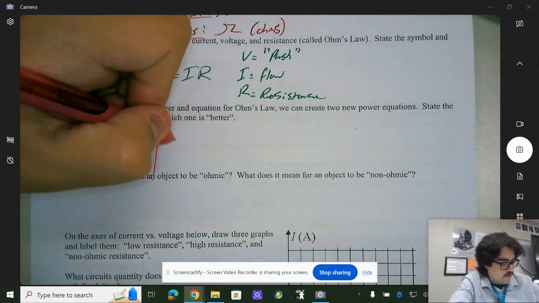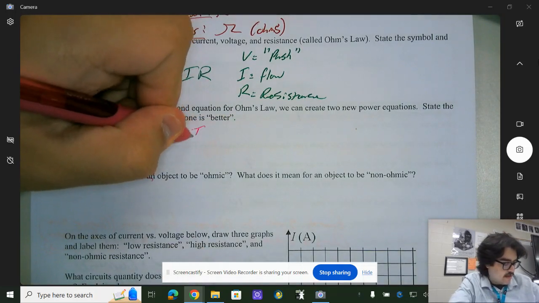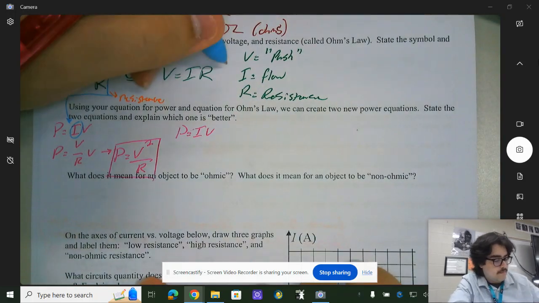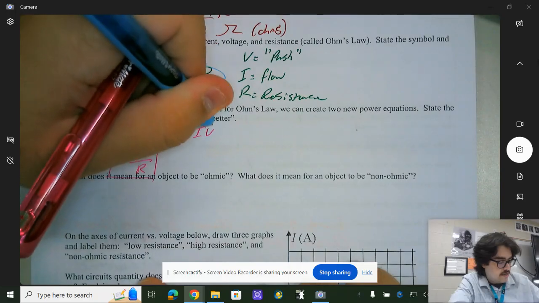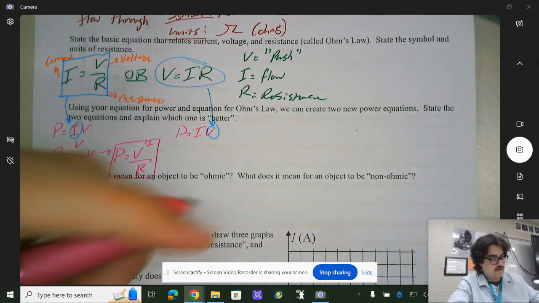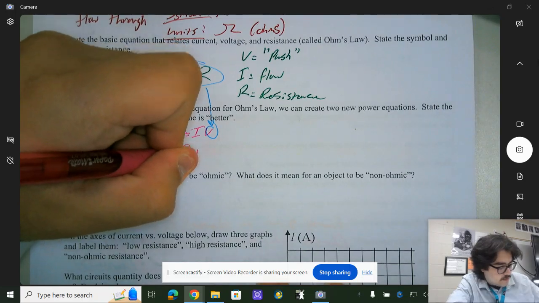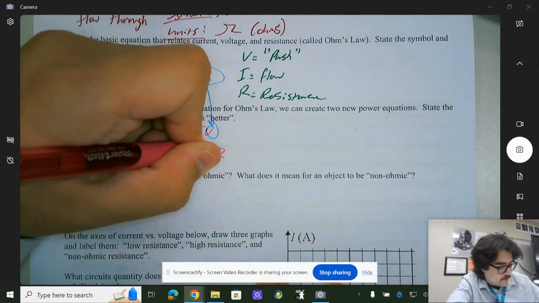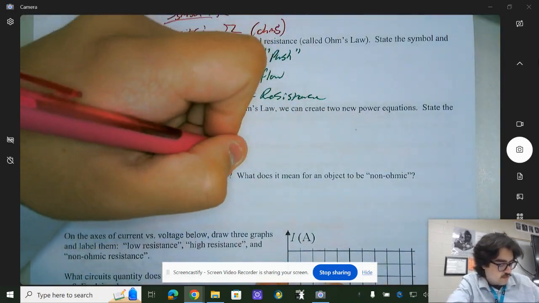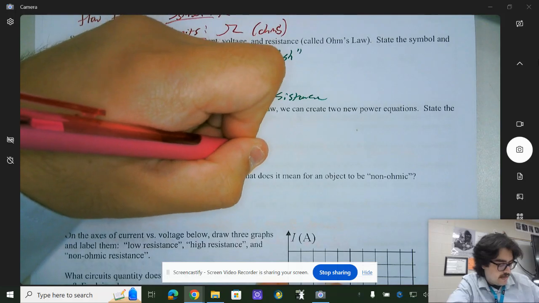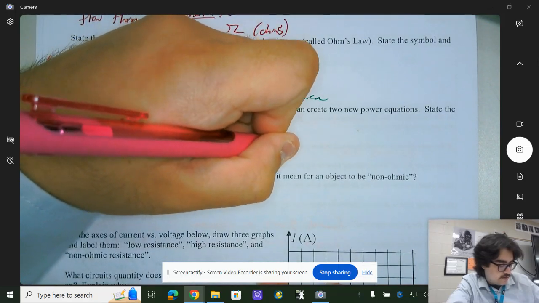Now, if you still use P equals IV, but this time you use V equals IR and substitute it in for the V, then you get P equals I times IR, which gives you P equals I squared times R.